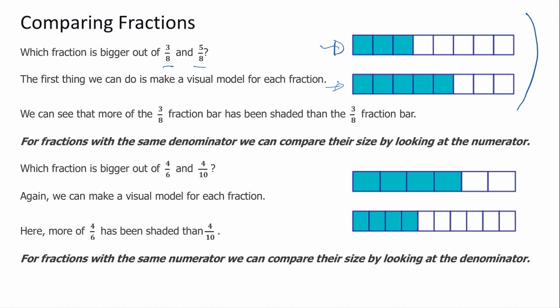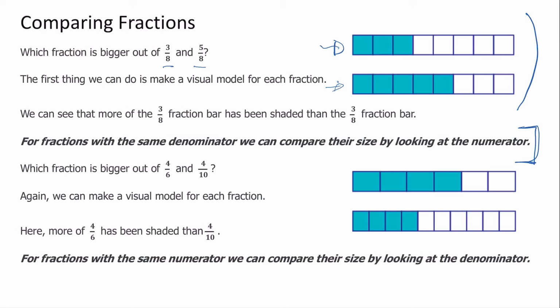So another thing we can see about that, hopefully, is we look at the fractions themselves, and the denominator in both of these is 8. So the denominator is the same. So if the denominators are the same, we can just look at the numerator to work out which is bigger or smaller. So if we assume that they're both out of 8, so the denominators are the same, it's very clear to see that the 5 is bigger than the 3.